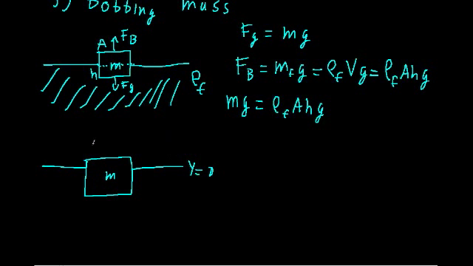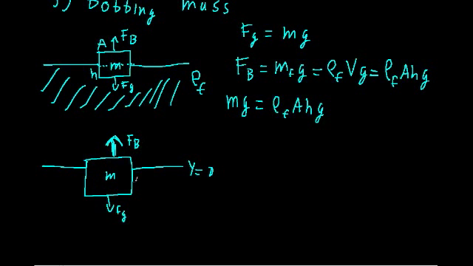Now let's look at the forces in this case. The force of gravity is the same, considering the mass of the block hasn't changed. But since we've pushed it in more, we've displaced even more water, which means there's an even greater buoyancy force. And that's going to try and restore this system back to equilibrium.